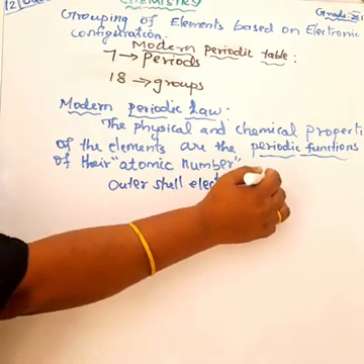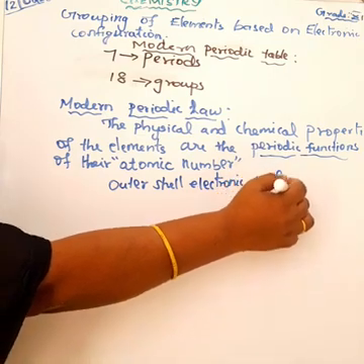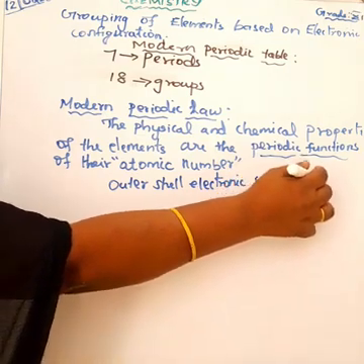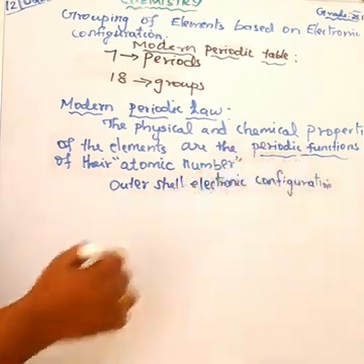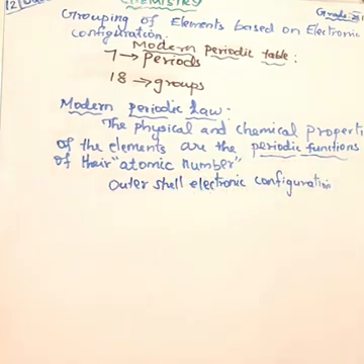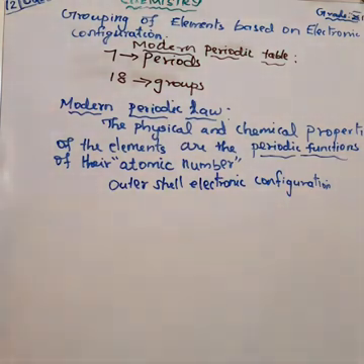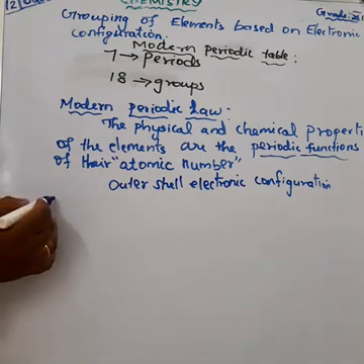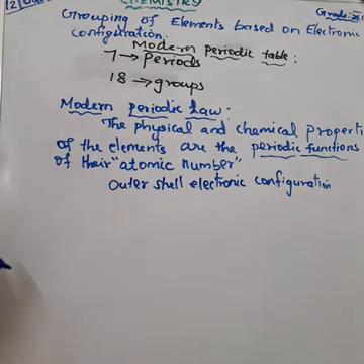You know about electronic configuration. What do you mean by electronic configuration? It is the distribution of electrons into various orbitals of an atom. An orbital is the 3-dimensional space in which the probability of finding an electron is maximum.